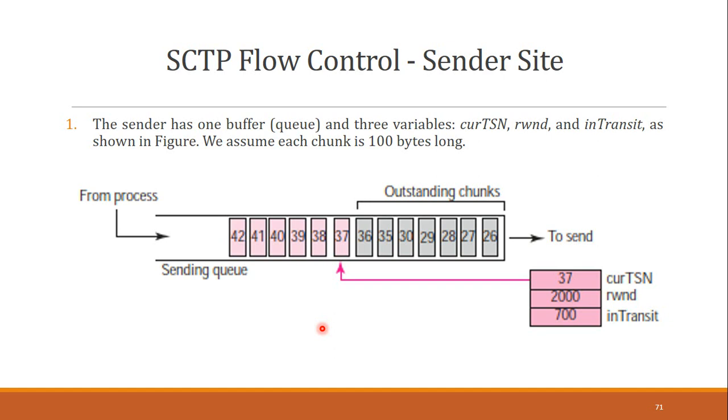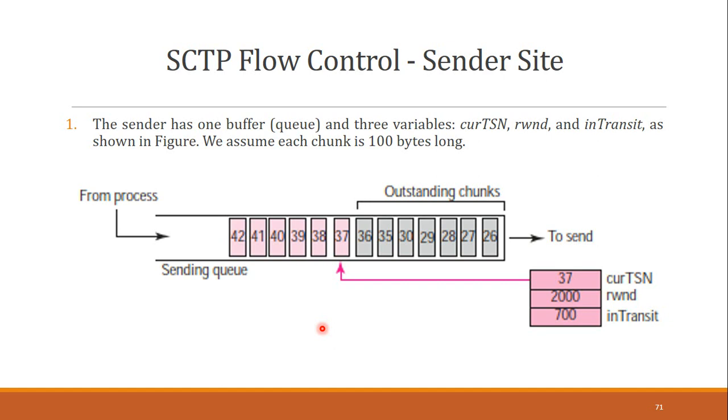The sender has one buffer, or one queue, and three variables: curTSN, rwnd (receiving window), and inTransit. Now, as shown in the figure, we assume that each chunk is 100 bytes long. The buffer holds the chunks produced by the process that have either been sent or are ready to be sent.